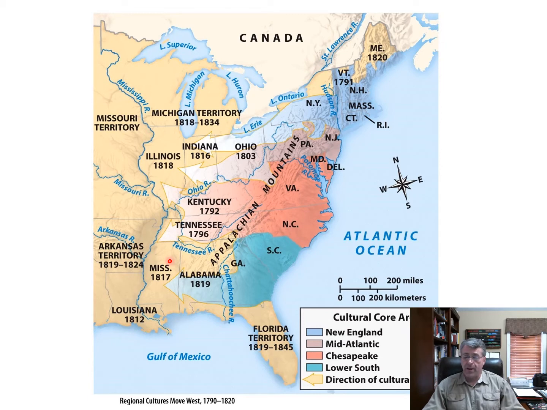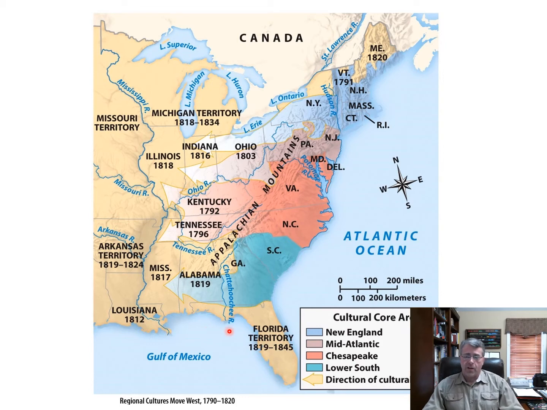So what ends up happening is that in addition to their household goods and their possessions and their families and their livestock, they take with them their culture as well. Their standard of living, their means of survival, their occupation, their religion, everything that is theirs goes with them onto the frontier.